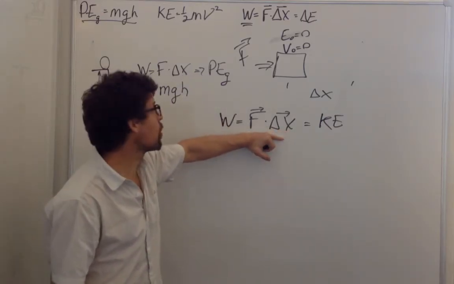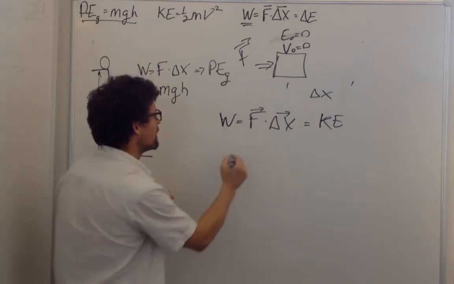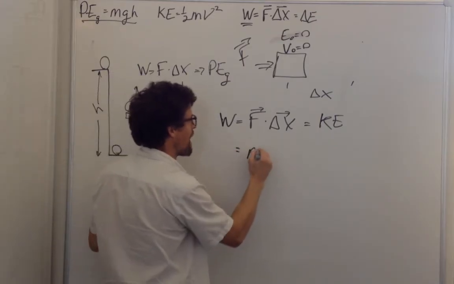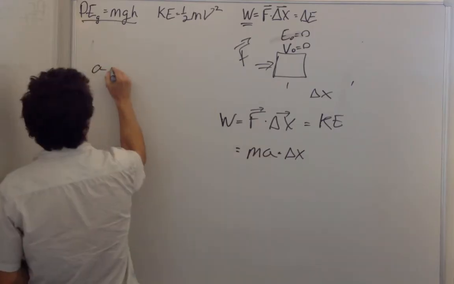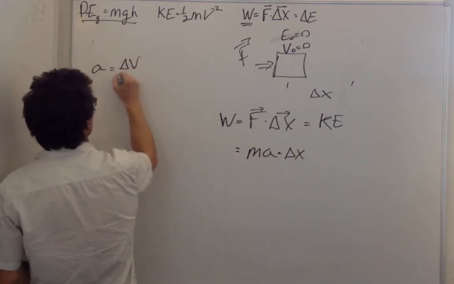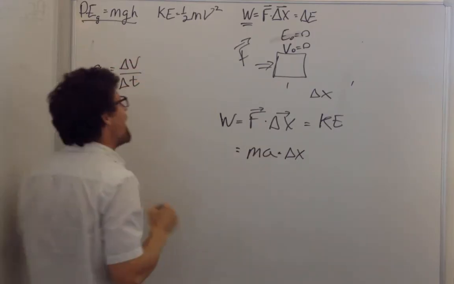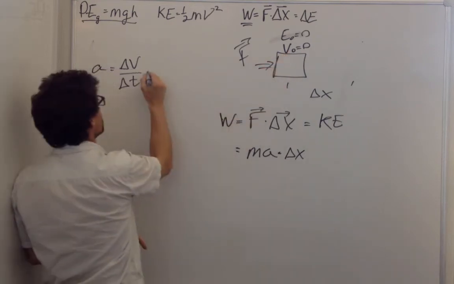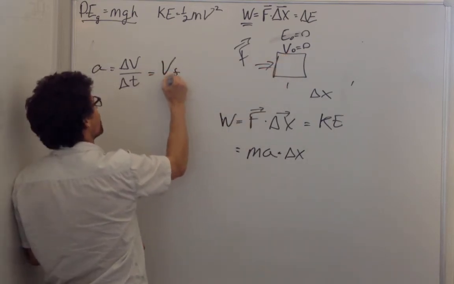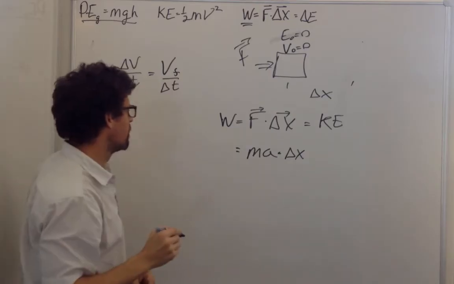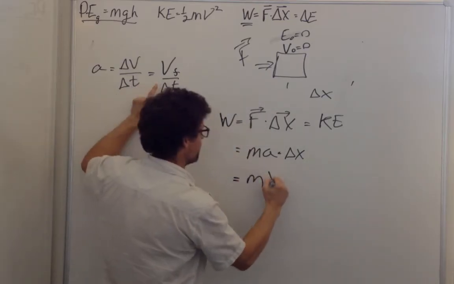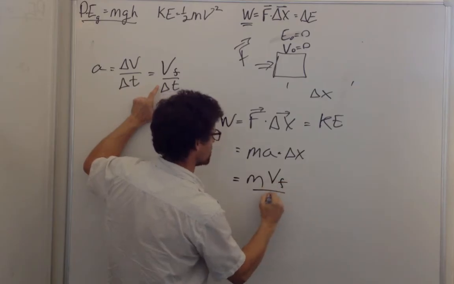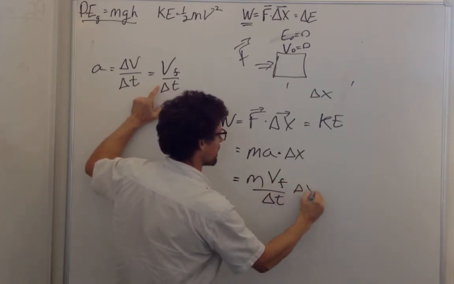And so how do we express this work in terms of velocity? Let's see. We know force is equal to mass times acceleration. So what is acceleration? Acceleration is a change in velocity over change in time. And if the initial velocity is 0, that's just the same as the final velocity. So I can substitute this in, and now I have m v final over delta t times delta x.